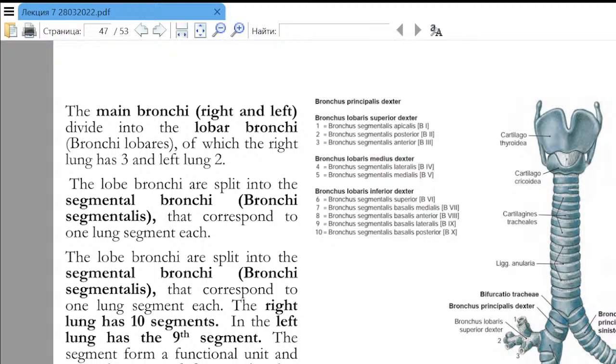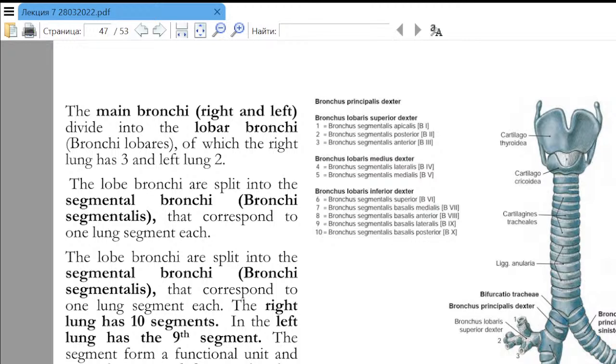For example, you see bronchus lobaris superior dexter divided into bronchus segmentalis apicalis, bronchus segmentalis posterior, and bronchus segmentalis anterior.